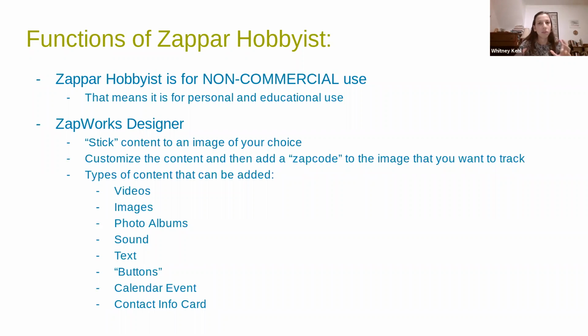It's got the same people in it, the same setup, and you could put a code on the photo, that physical object that would be printed out, and then the code could be scanned, and then someone would see the video through the screen of their device that they're scanning with, even though the physical object in front of them isn't changing and isn't moving. So you can add videos, images, photo albums, sound, text buttons, calendar events, and contact info cards.